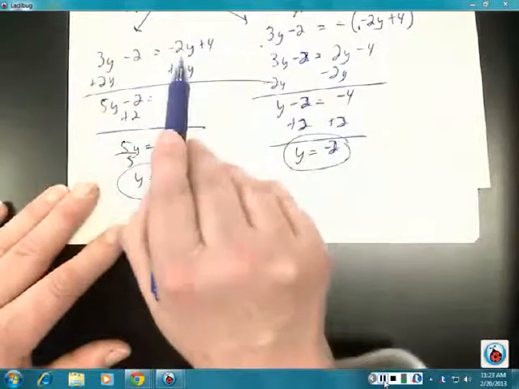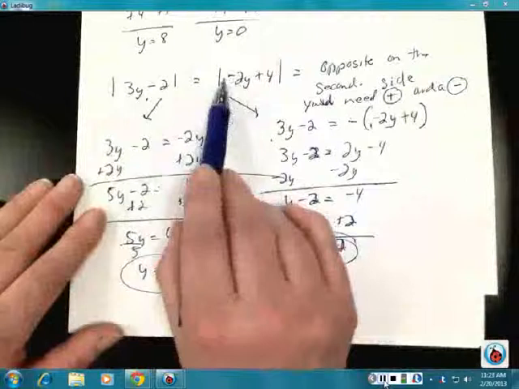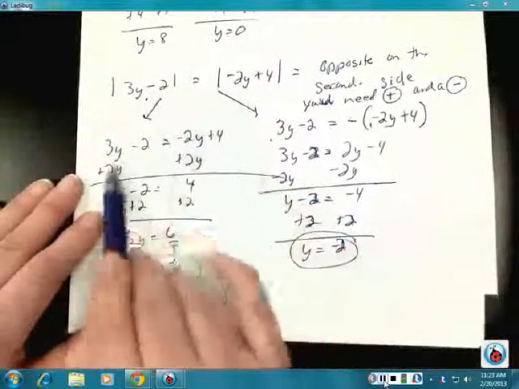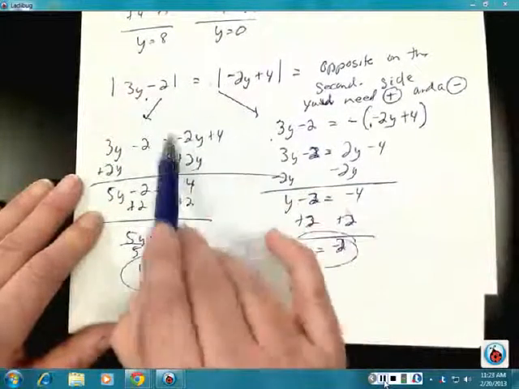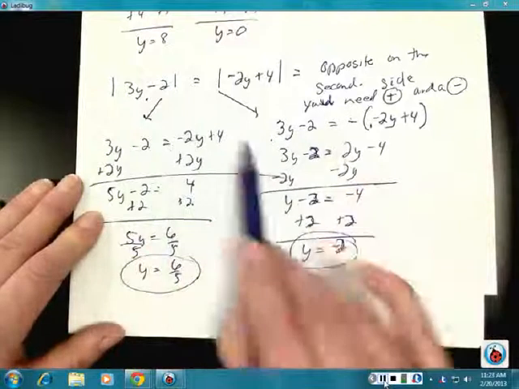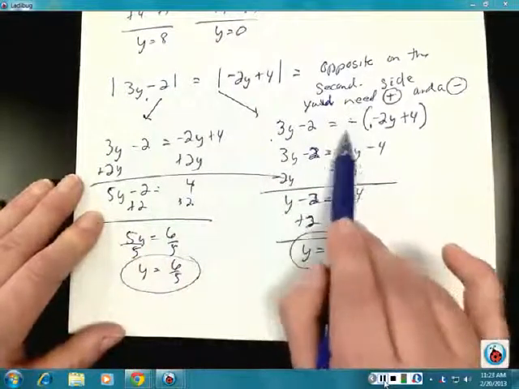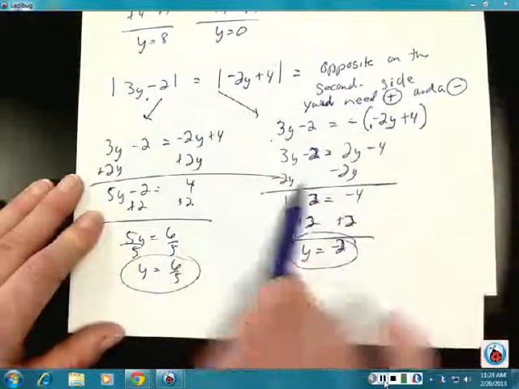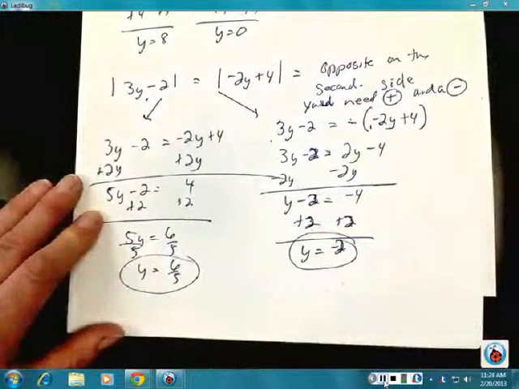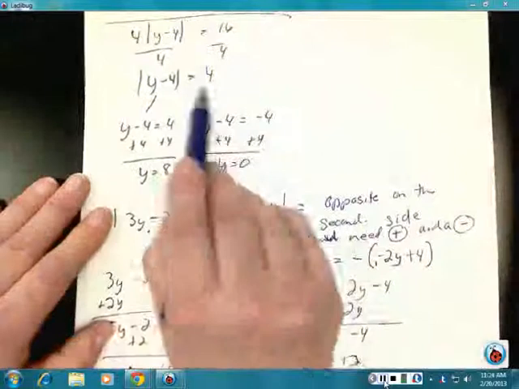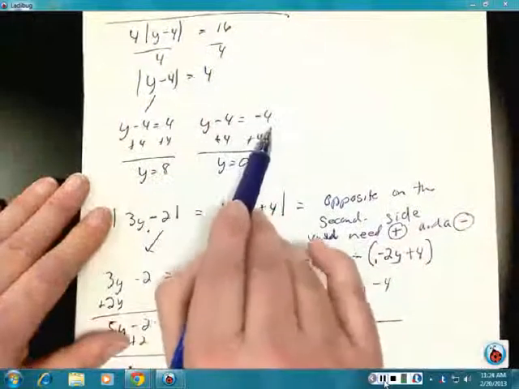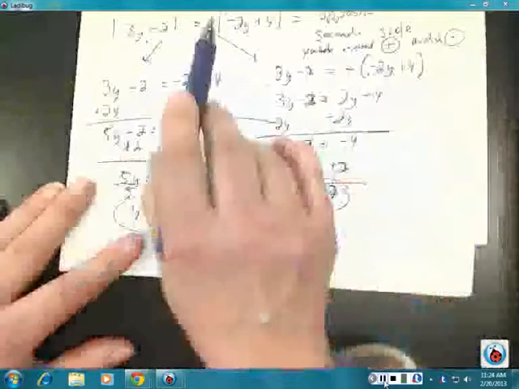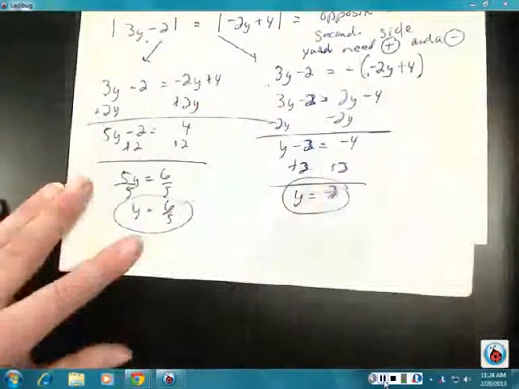So I wrote this piece as it was, and I wrote this piece as it was. I see that. But then when I did the minus part, I had to minus this piece. So I had to change the signs on that piece in order to work with it. Just like I did up here. I changed the 4 to a negative, so I changed this to the opposite sign there. I get it. Okay?